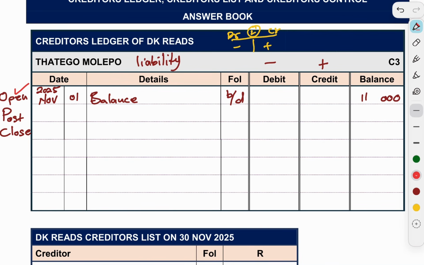We are going to look for any transaction that involves Thategô Molepo, whether we bought from Thategô Molepo, or whether we paid Thategô Molepo, any, as a business.